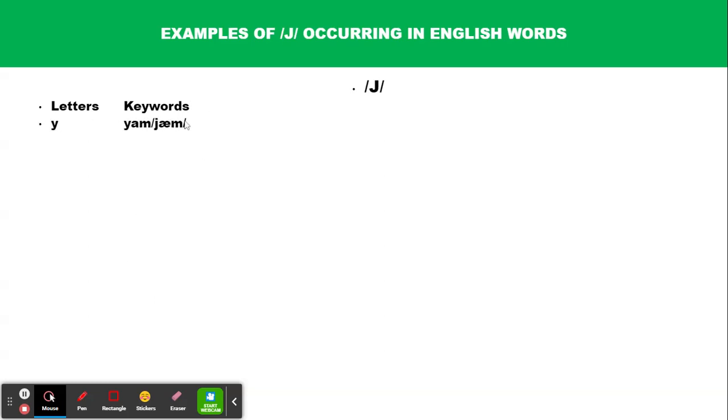We earlier saw it, but here we can see Y as in yam, Y as in yes, Y as in yet, Y as in yell, and Y as in young, then Y as in you. Or of course, we earlier saw this, okay?